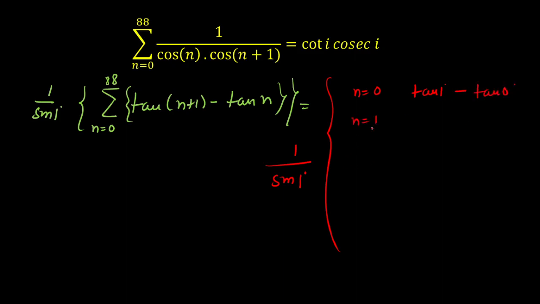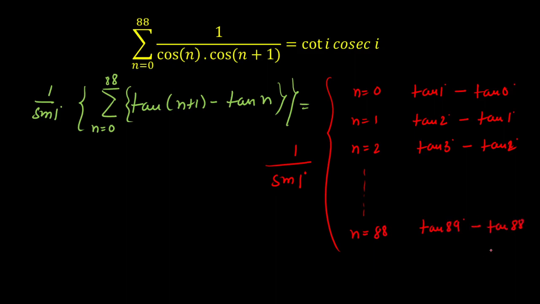Now put n equal to 1, and we get tan of 2 degree minus tan of 1 degree, because the summation goes up to 88, so we have 89 terms. For n equal to 2, we get tan of 3 degree minus tan of 2 degree, and so on, following this trend up to the last value, n equal to 88, where we get tan of 89 minus tan of 88.